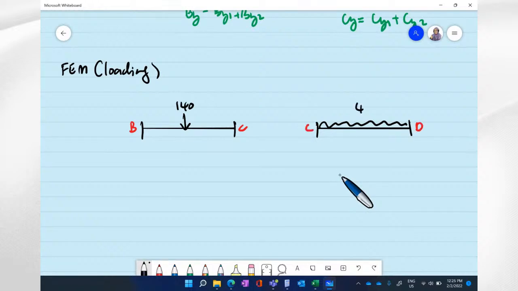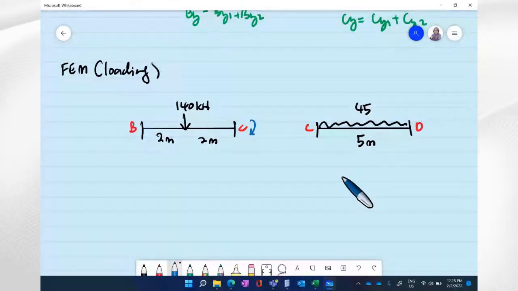So this is 45. This is 5 meter. This is 2 meter and 2 meter. 140 kilonewton. So the fixed end moment is not sign convention, but it is behavior.